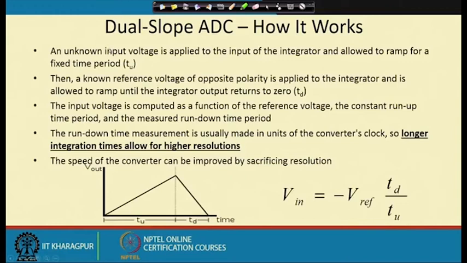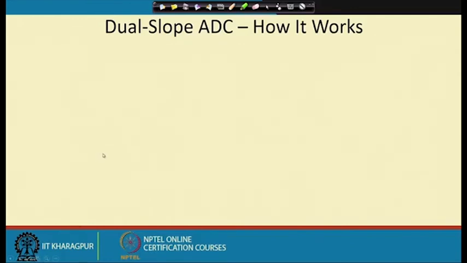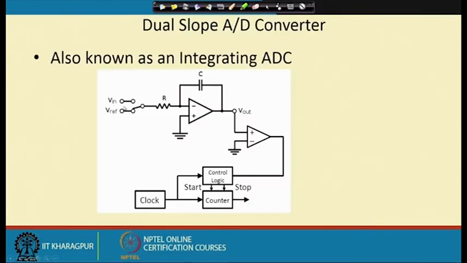An unknown input voltage is applied to the input of the integrator and allowed to ramp for a fixed amount of time Tu. So, initially the V in is the input voltage. So, it is connected to this, and this circuit is kept on for some amount of time. That is controlled by this control logic, which gives the start and stop pulses.